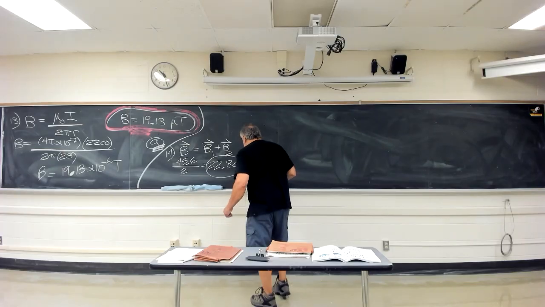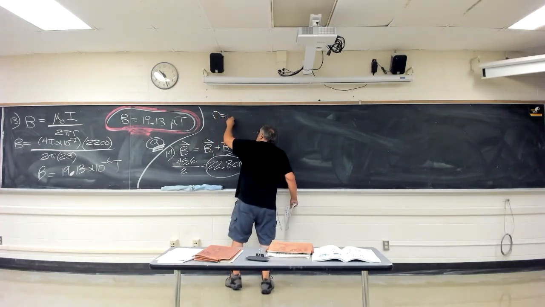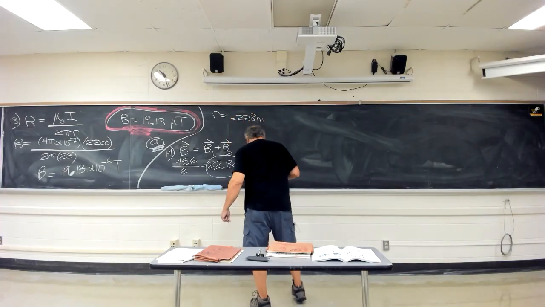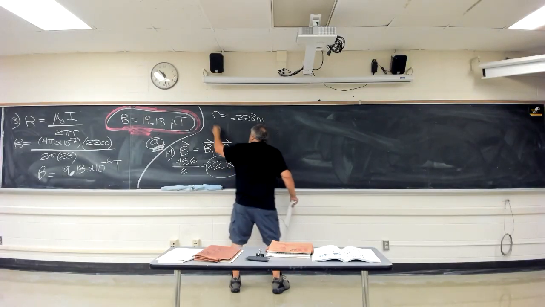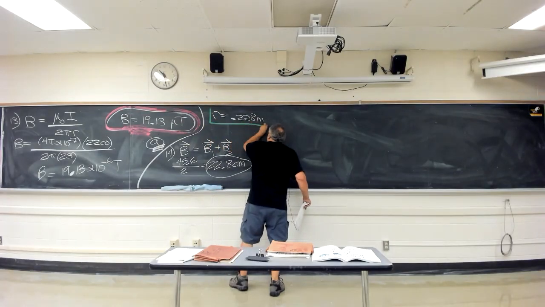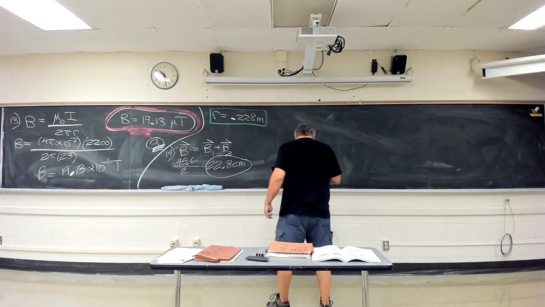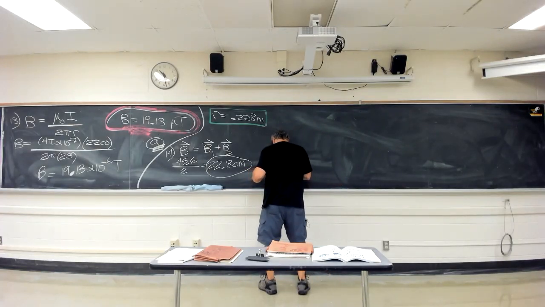Well, yeah, good. Let's start talking the language of the MKS system. 22.8 centimeters is 0.228 meters. That's R. We know a number of things.